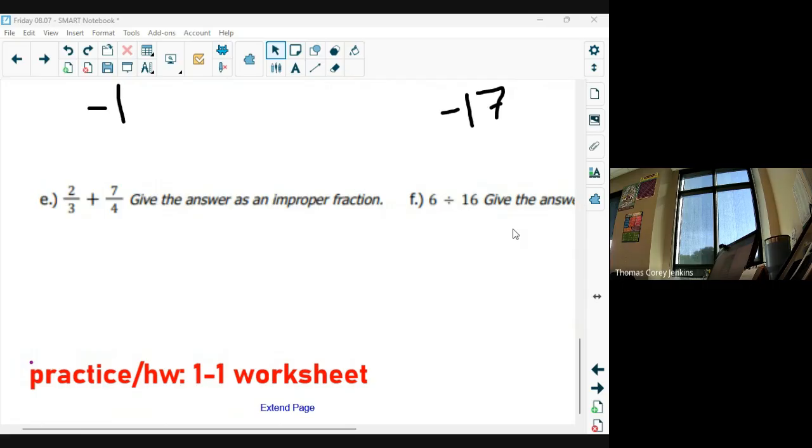Okay, yours probably gives you an answer of 2 5/12, which is the same. What you do on that one is you're going to hit second, and then the fraction bar, and then enter. That'll change you to an improper fraction. If you need help with that, let me know. Let's go ahead and write 29/12.